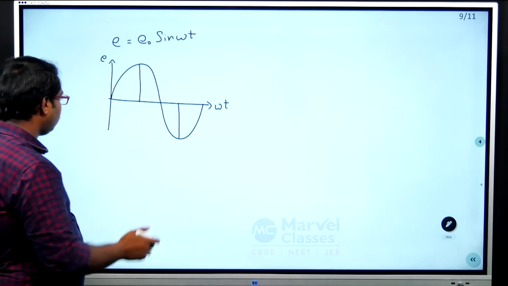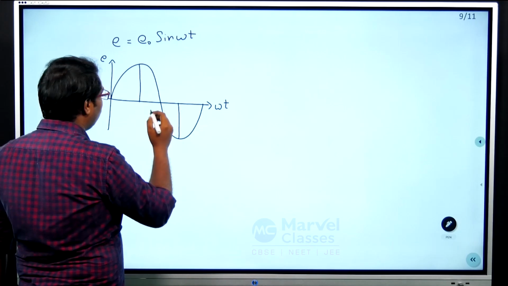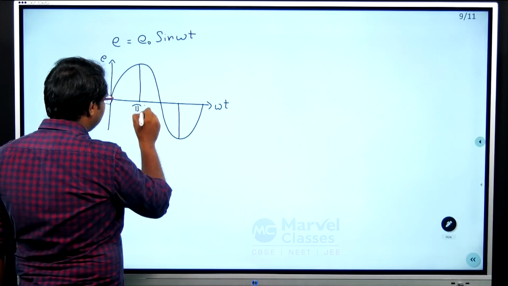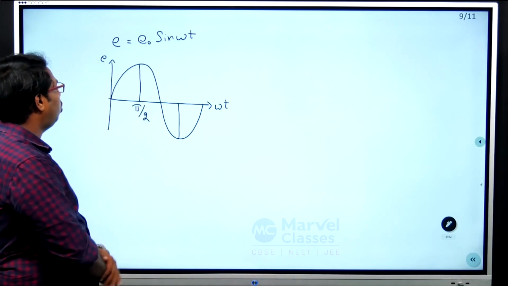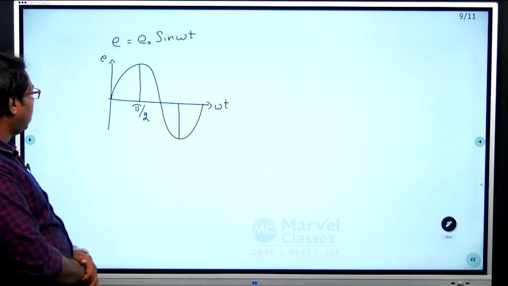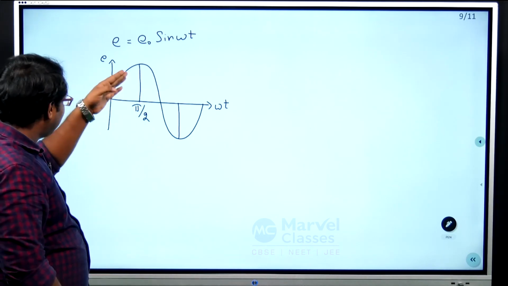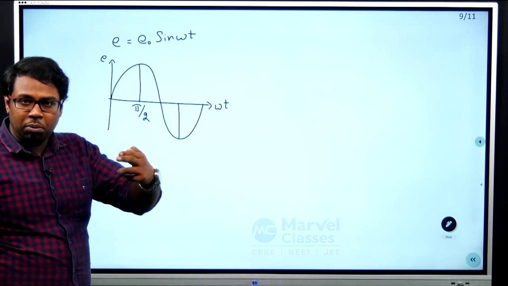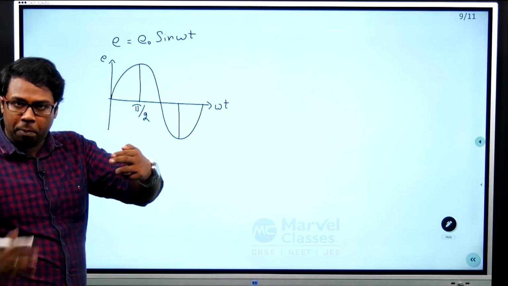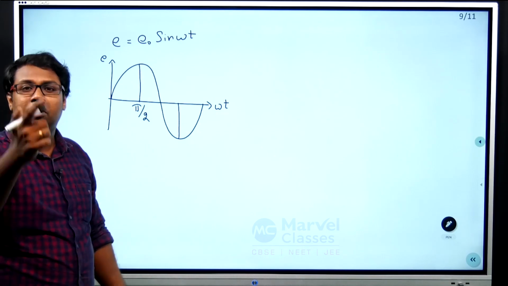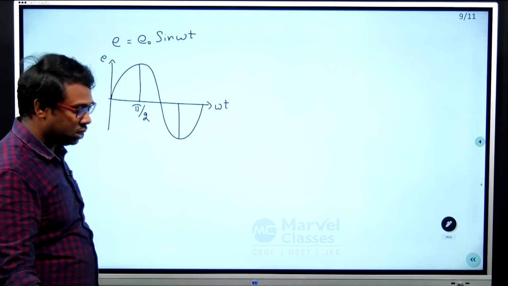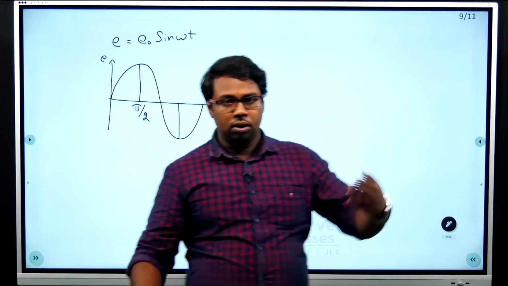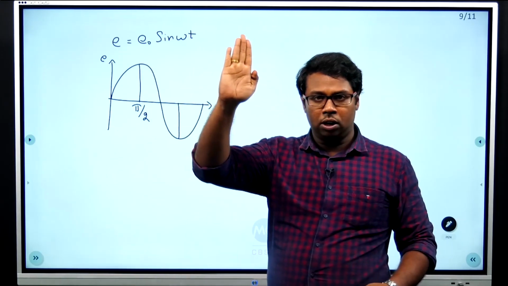Only if your omega t is pi by 2, which means that only if the angle between your magnetic field and your plane is perpendicular, the EMF is maximum. Consider my hand to be the coil.